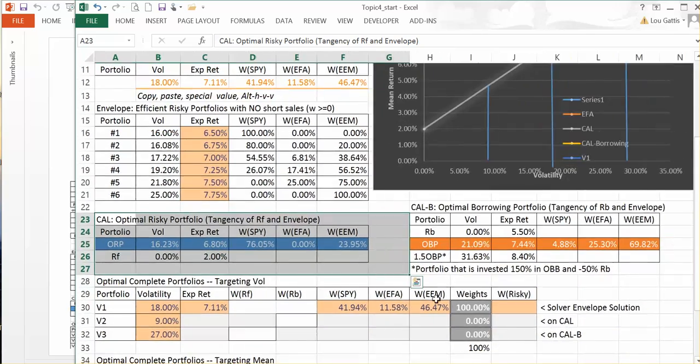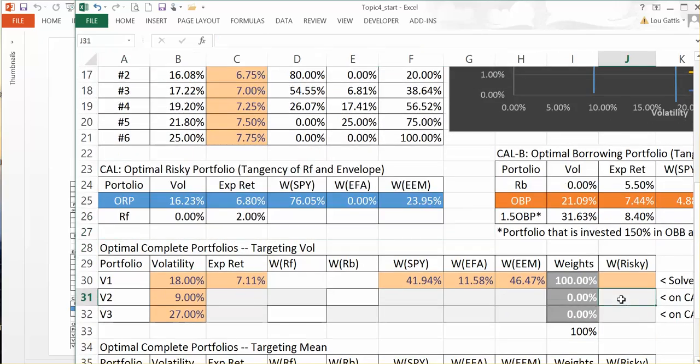So let's calculate the weight of my portfolio in risky assets. It's going to just be a ratio of 9, my combined volatility, over the volatility of the risky portfolio. So I'm going to put 55% of my money in risky assets, and 1 minus that in risk-free.